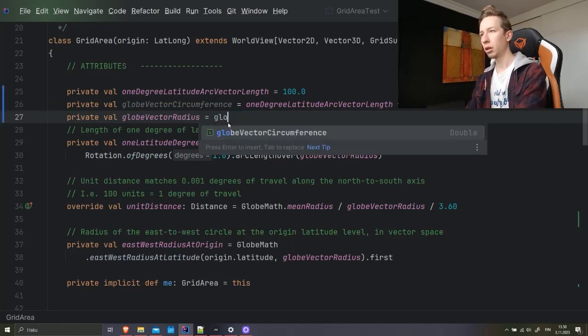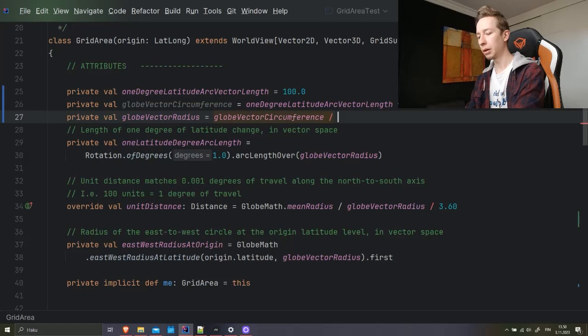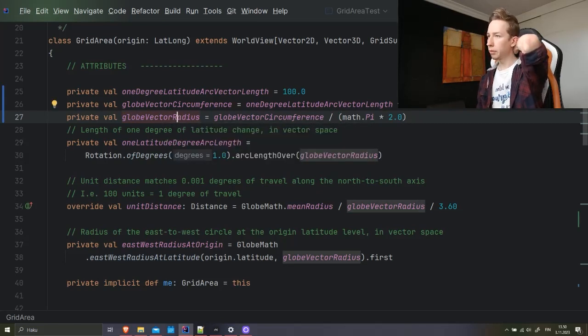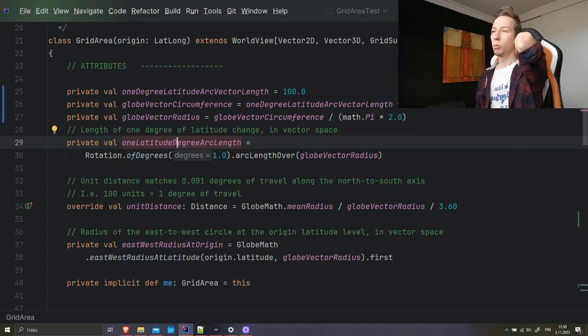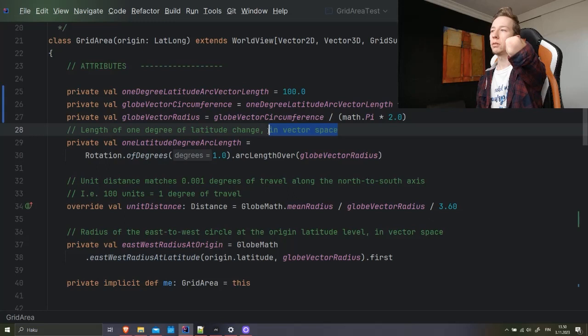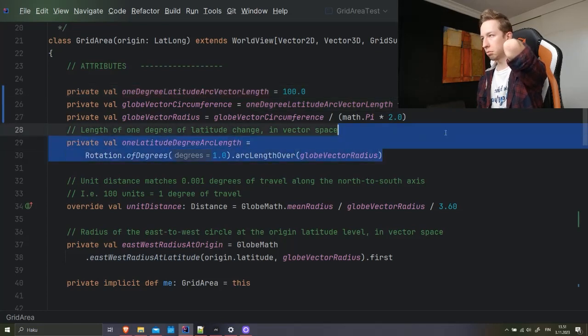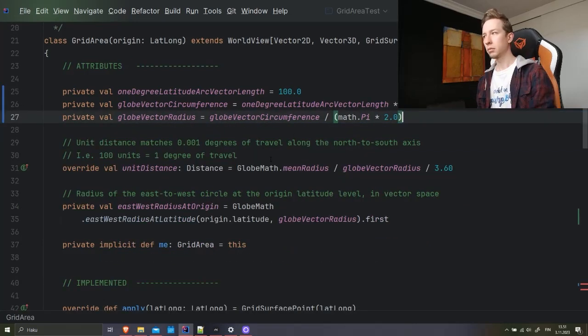So globe vector circumference divided by 2 pi. Okay. So now we have a real globe vector radius value. Then 1 latitude degree arc length in what unit vector space? We have it here. So I guess we just remove this and fix the mess.